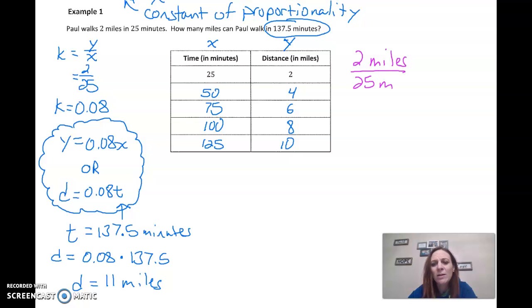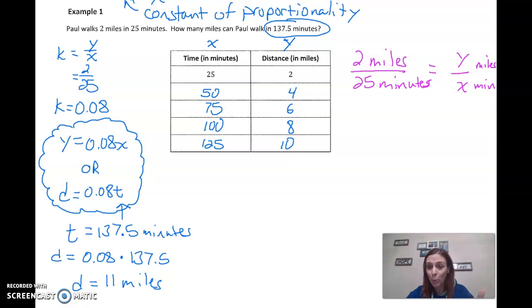This way we shouldn't be as concerned with which comes on top, well, we kind of need to be. We're still going to use this idea of x, our independent variable, being minutes and y being miles. So I'm still going to set it up as y divided by x, because y is our number of miles and x is our number of minutes.